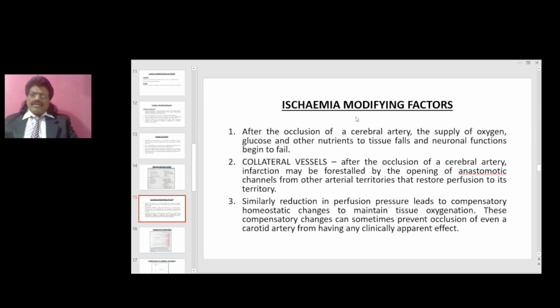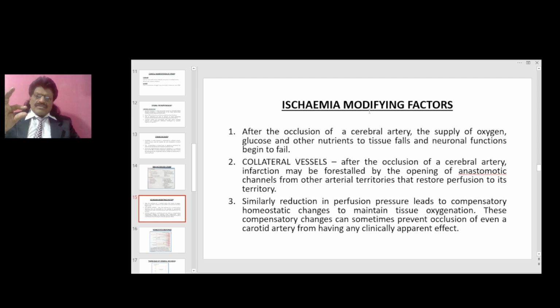Ischemia modifying factors. So what are the factors which modify ischemia? After the occlusion of a cerebral artery, the supply of oxygen, glucose and other nutrients to tissue falls and neuronal function begins to fail.